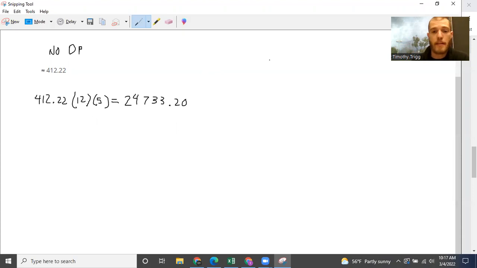Okay, now with the down payment, she's paying only $314.46. We calculated that earlier. So let's figure out how much she would pay in total in this case. So she would pay that every month for 12 months and then for 5 years. 314.46 times 12 months times 5 years.